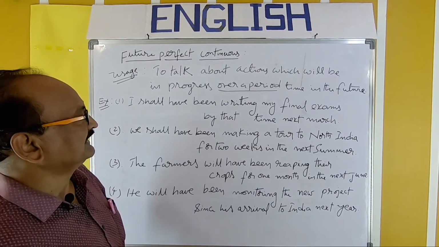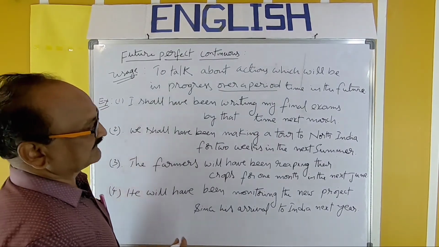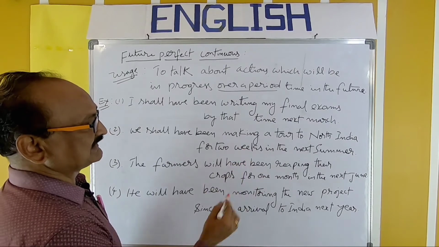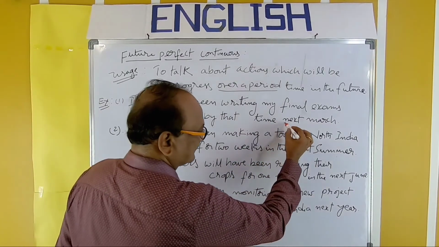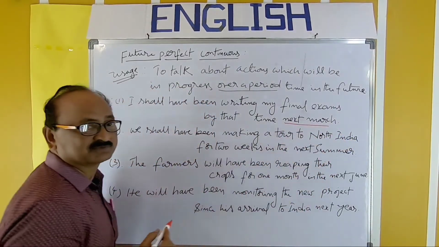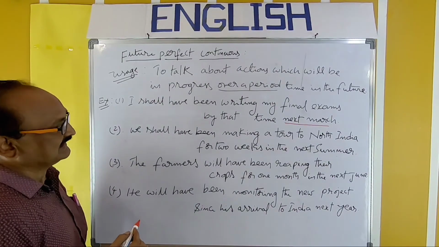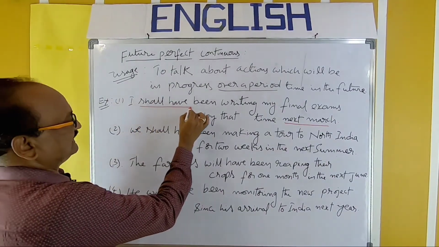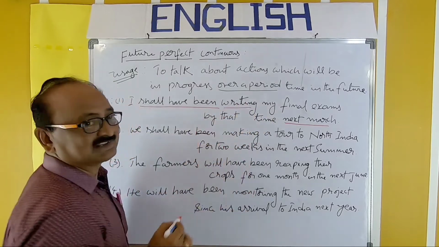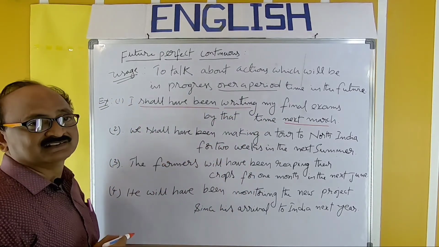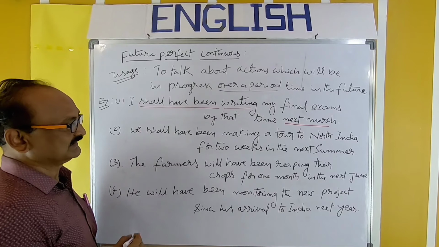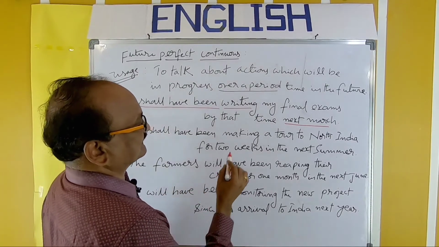I shall have been writing my final exams by the time next March. So next March is an indication of the future basically. And "I shall have been writing," that is the pattern, future perfect continuous.